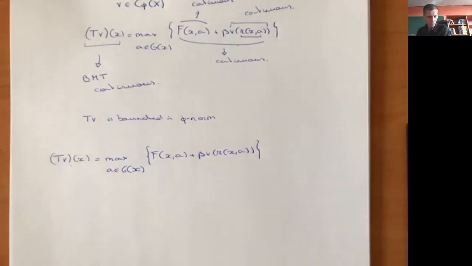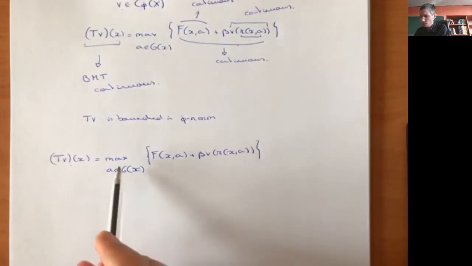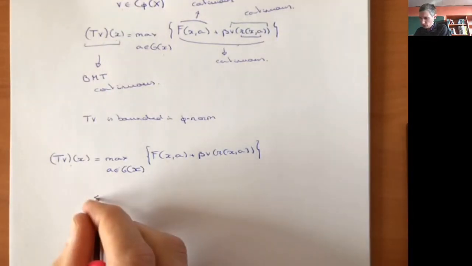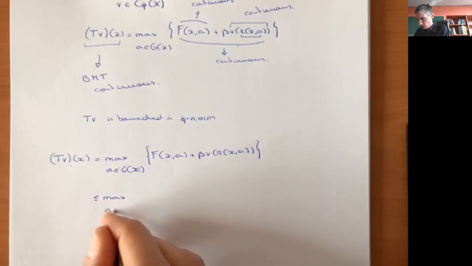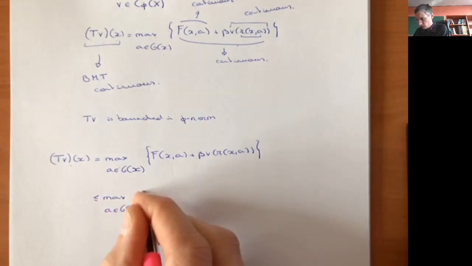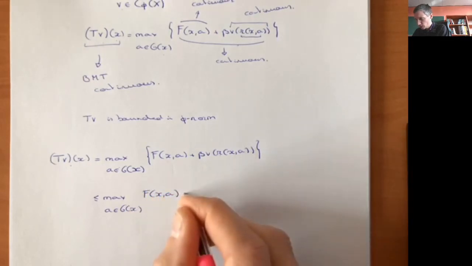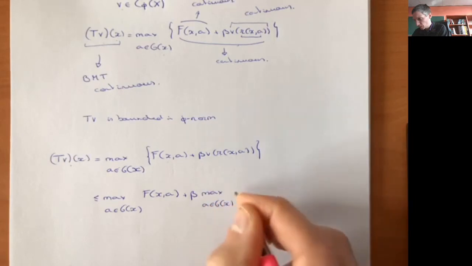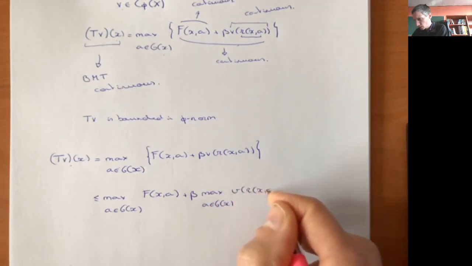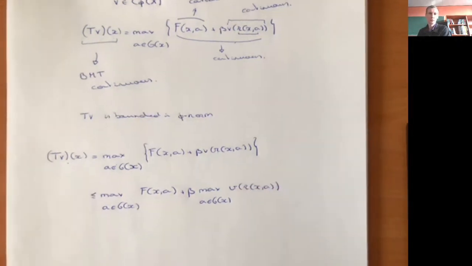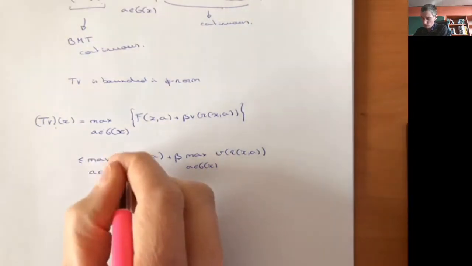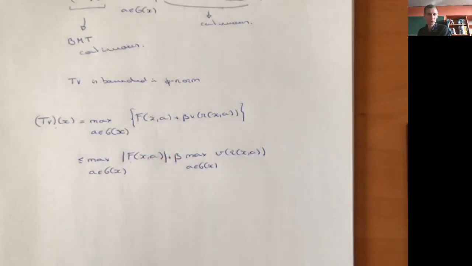Well, first of all, this is the maximization of a sum, and the maximum over a sum is smaller or equal to the sum of the maxima. So this will be less or equal to the maximum over a in G(x) of f(x,a) plus beta times the maximum over a in G(x) of v(r(x,a)). And of course, if I take the absolute value, it will still be less or equal to.